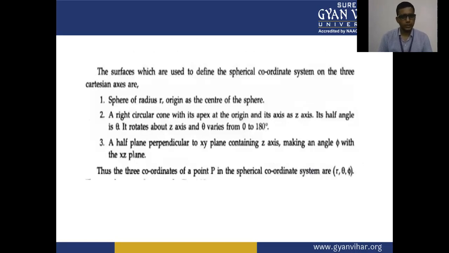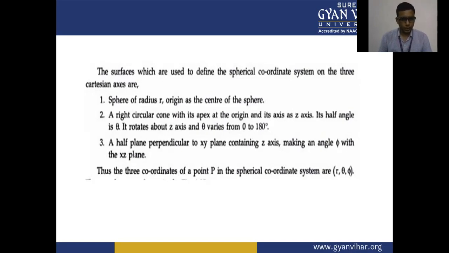The surfaces used to define the spherical coordinate system on three Cartesian axes are a sphere of radius r with the origin as the center of the sphere, a right circular cone with its apex at the origin and its axis the z-axis, whose half angle is theta.